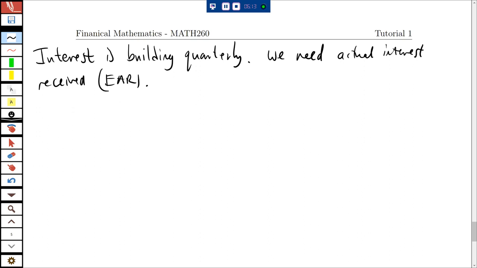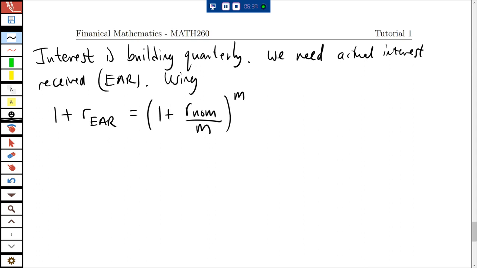To calculate this, we use the following equation: 1 plus the effective annual rate, so that's the compounding factor for some present value, is equal to 1 plus the nominal rate divided by m, all to the power m.